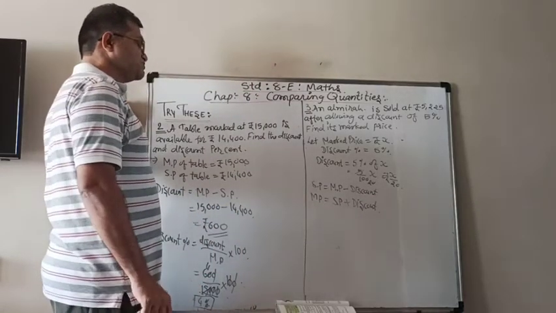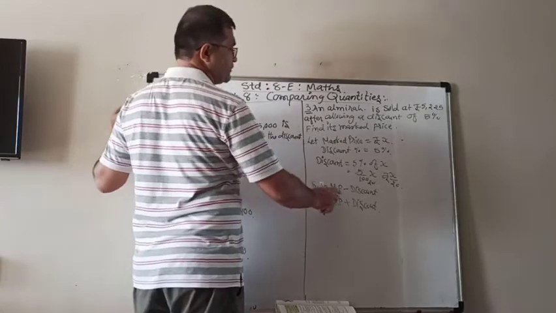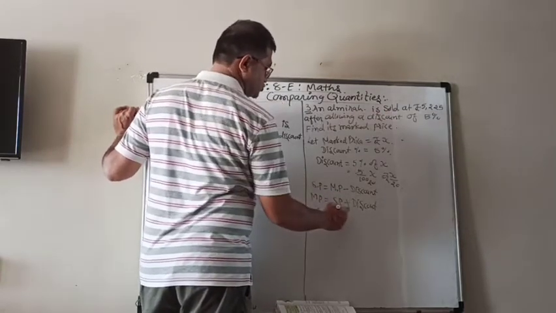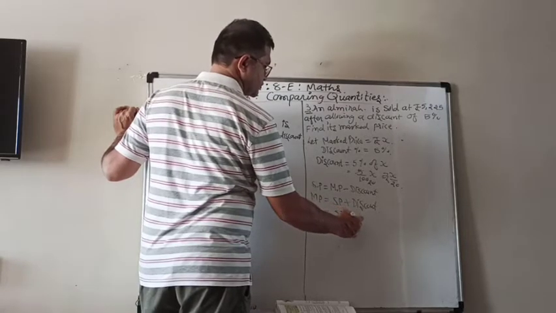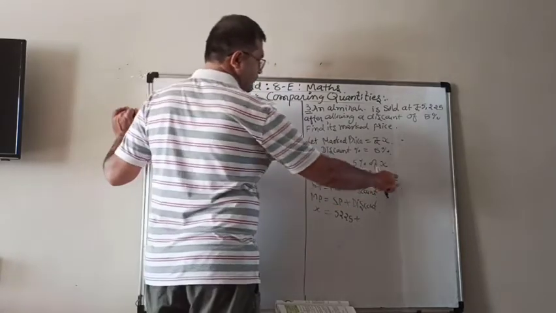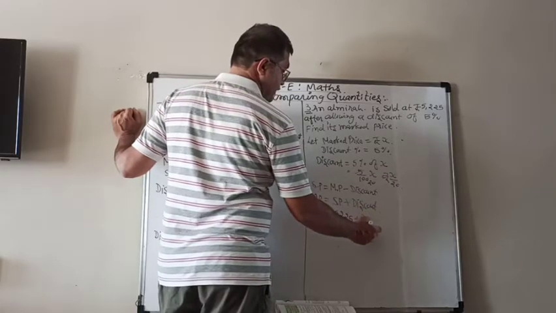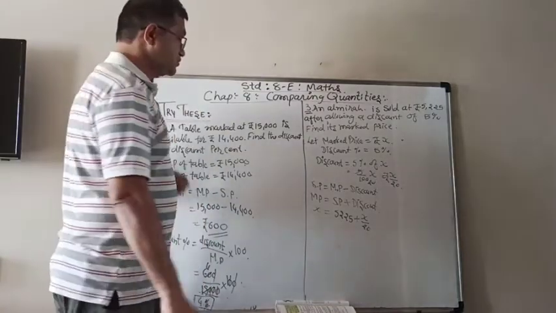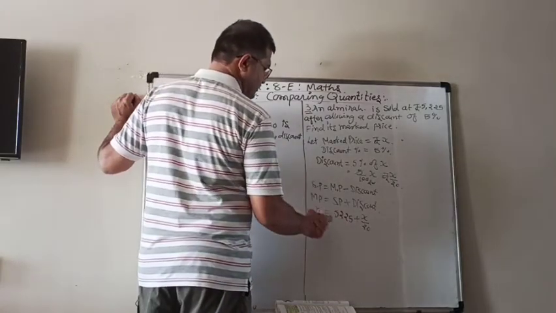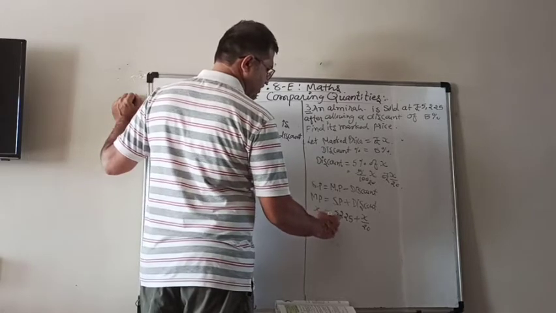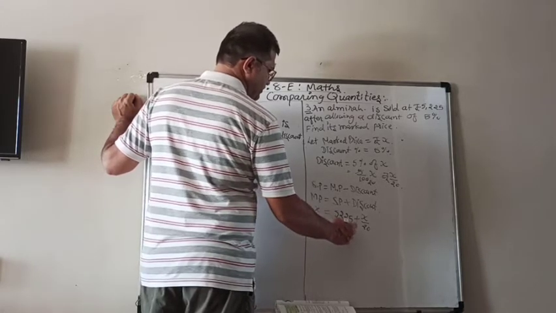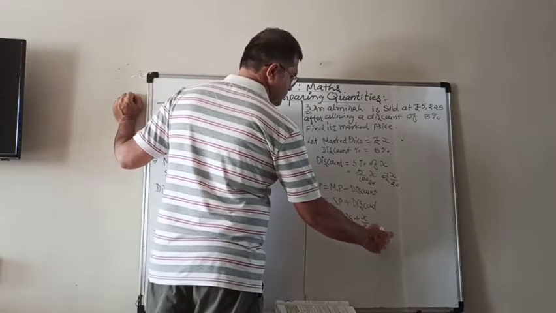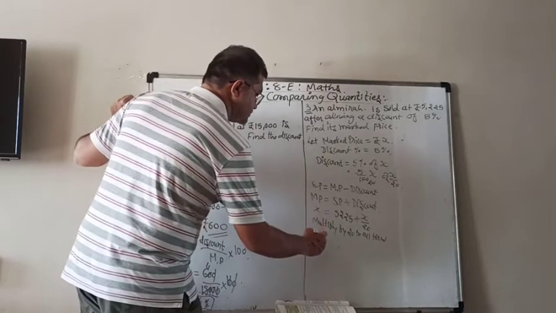Marked price is X. Sale price is given, 5225, plus X upon 20. Now we have a simple equation. So now we will multiply all terms by 20, as we learned in the chapter, so that we can take out the denominator.